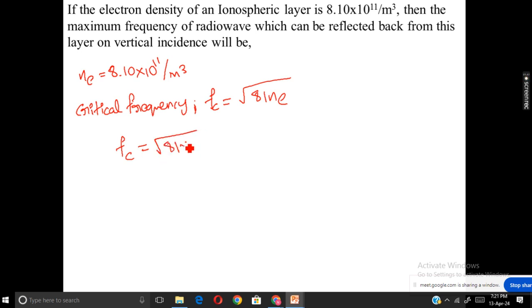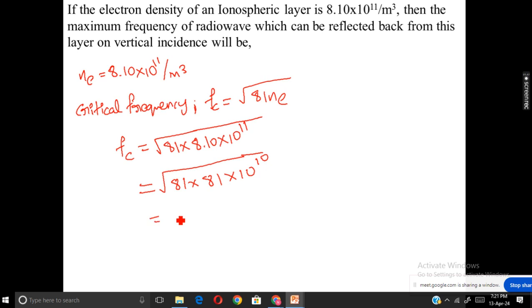81 into Ne, which is given as 8.10 into 10 raised to 11, so it will be 81 into 81 into 10 raised to 10.